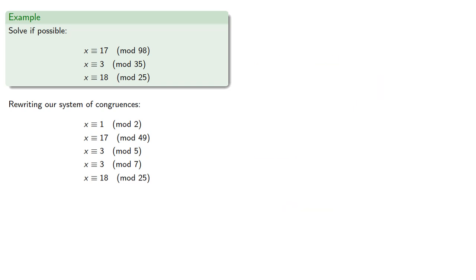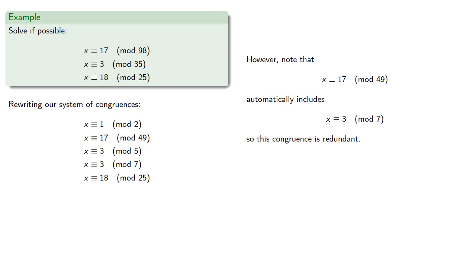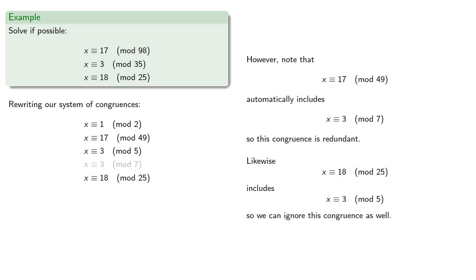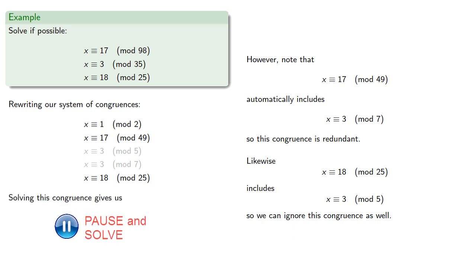And note that we have non-coprime moduli, but if x is congruent to 17 mod 49, it automatically includes x congruent to 3 mod 7, so this latter congruence is redundant. Likewise, x being congruent to 18 mod 25 automatically includes x congruent to 3 mod 5, so we can ignore this congruence as well. And so we can solve our system of congruences, which gives us our least positive solution.